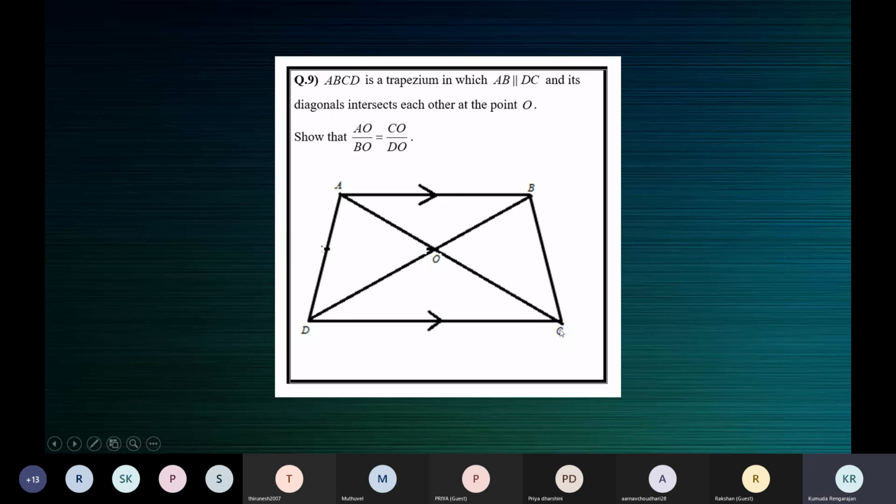AO by OC is the ratio on one diagonal, AC. Take up the other diagonal BD, BO by OD. AO by OC is equal to BO by OD is what we have to prove.